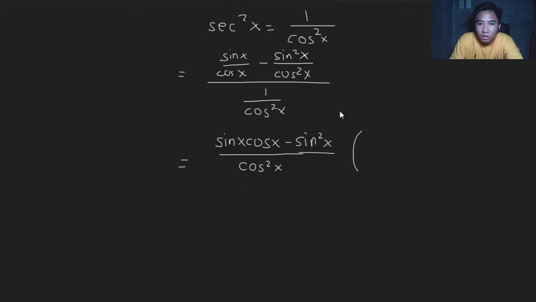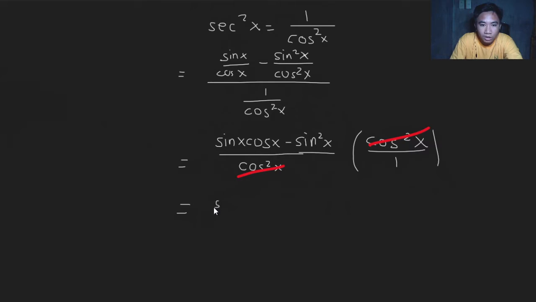Ito namang nasa baba, i-reciprocal natin siya: cosine squared x all over 1, para maging multiplication yung division. As you can see, pwede na natin i-cancel.